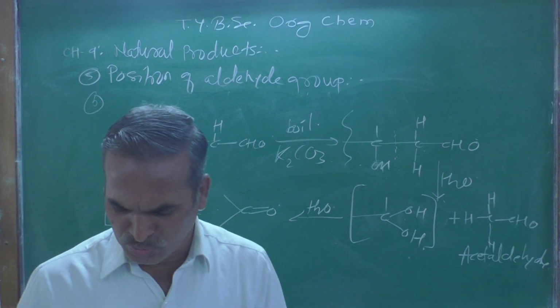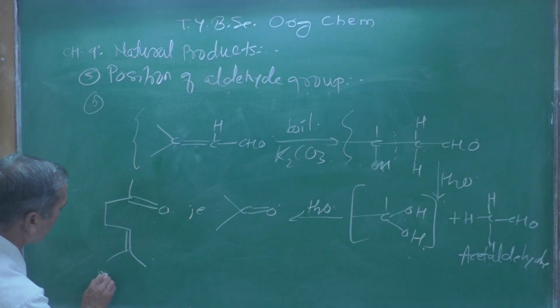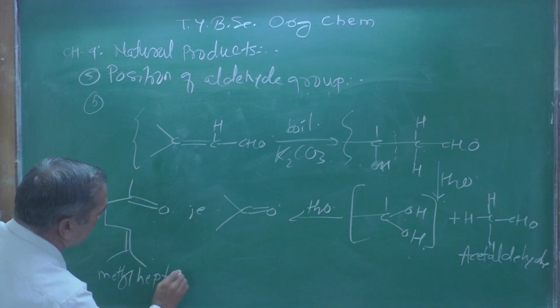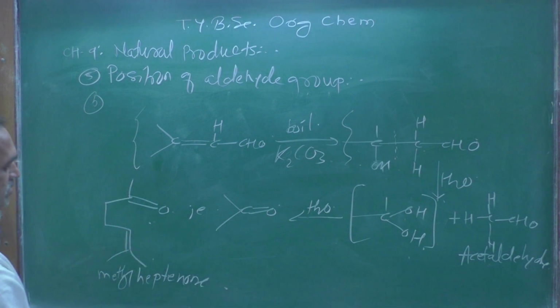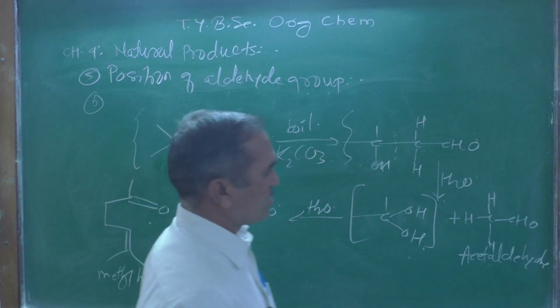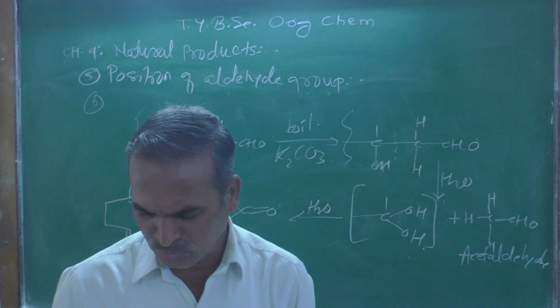This compound is known as methyl heptanone. This is the name of the compound which we got after doing this. So it means that we have got methyl heptanone over here.